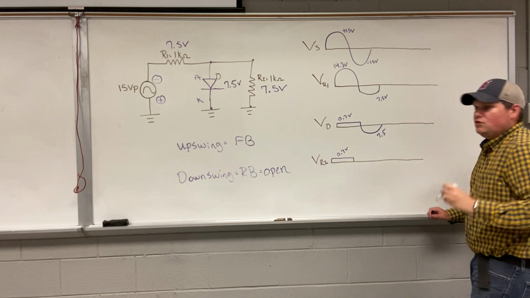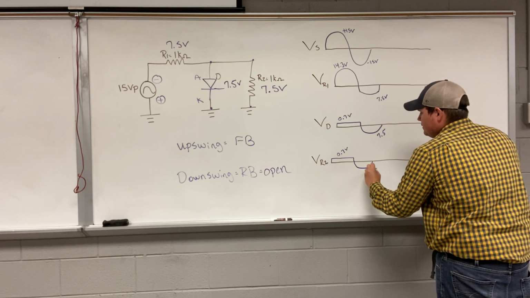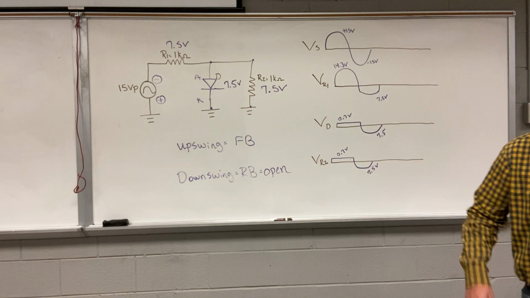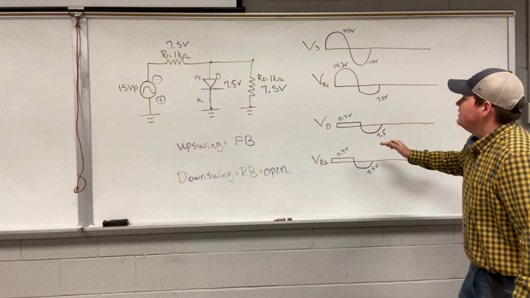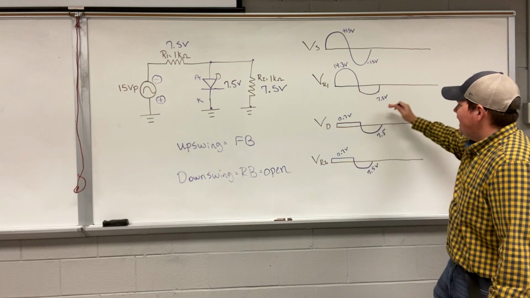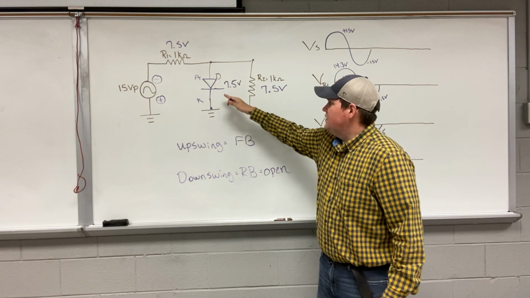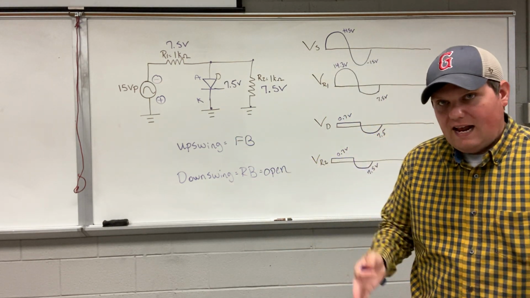And then R2 is the same. So it's 7.5 volts. So that's what my waveforms should look like on the upswing and the downswing when we're looking at the diode facing this way in an AC circuit.